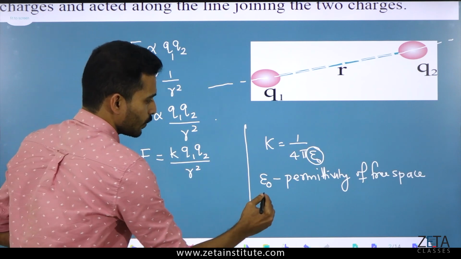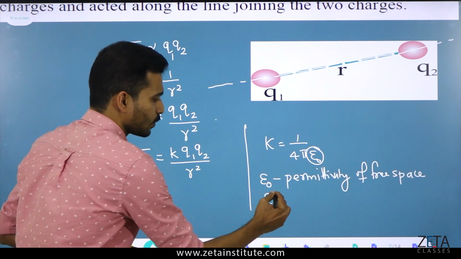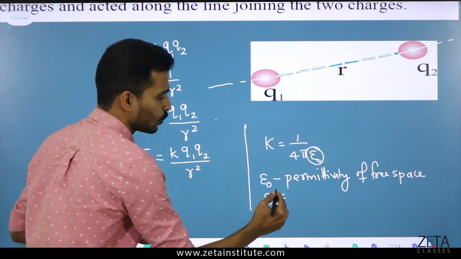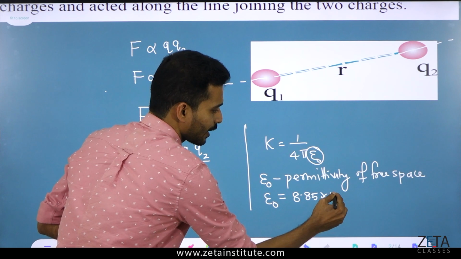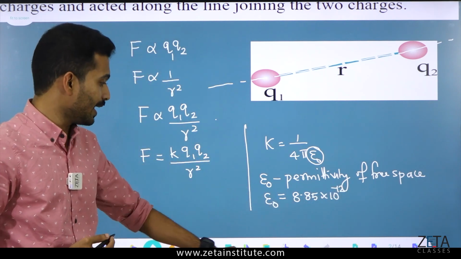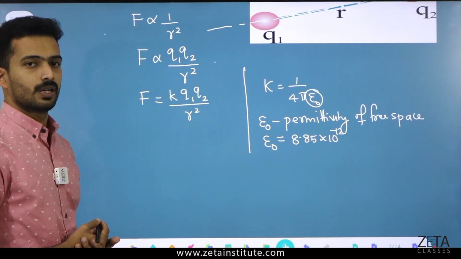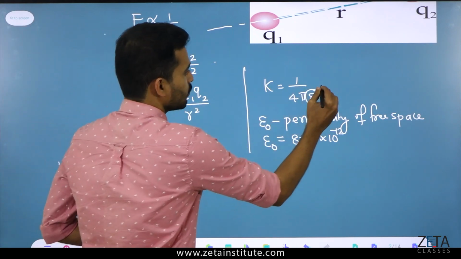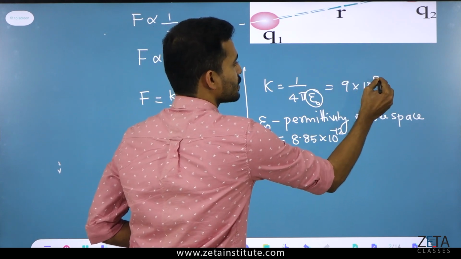What is the value? The value of the permittivity of free space is epsilon 0 equal to 8.85 into 10 raised to minus 12. When we apply this value into this equation, we will get the value of k equal to 9 into 10 raised to 9.